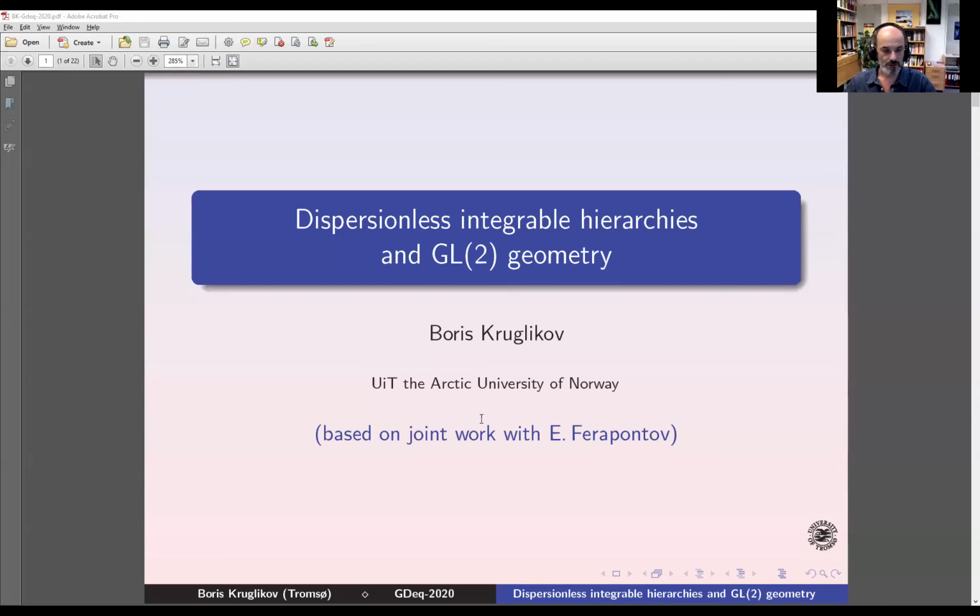Okay, very good. So let me share screen. Can you see the screen? Yes, in big mode, and just recheck. Well, just a minute. I want to switch off microphones.